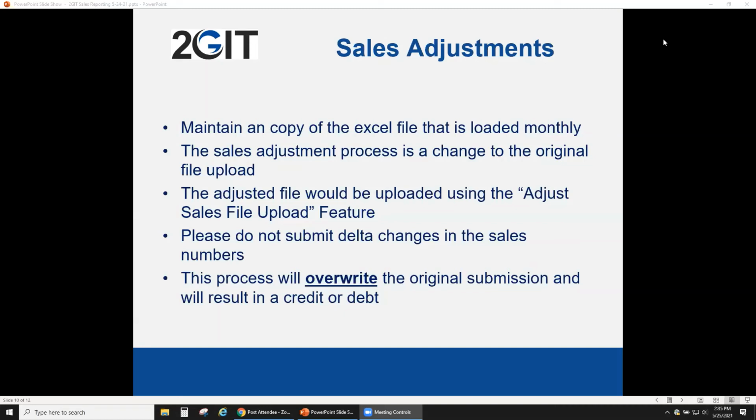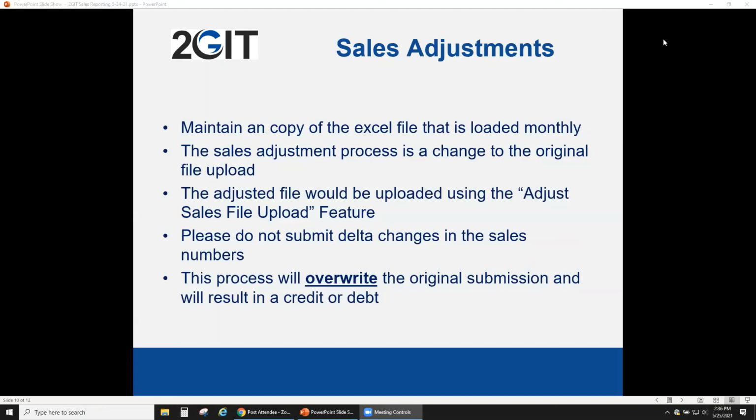And it'll either result in a credit or a debt, right, in regards to your IFF. So if you go in, of course, and you add in $100,000 worth of sales and you process that adjust sales file upload, it's going to produce an additional industrial funding fee payment that's going to need to be met. And then vice versa, if you go and remove, it's going to give you a credit, which can be used towards future sales uploads.